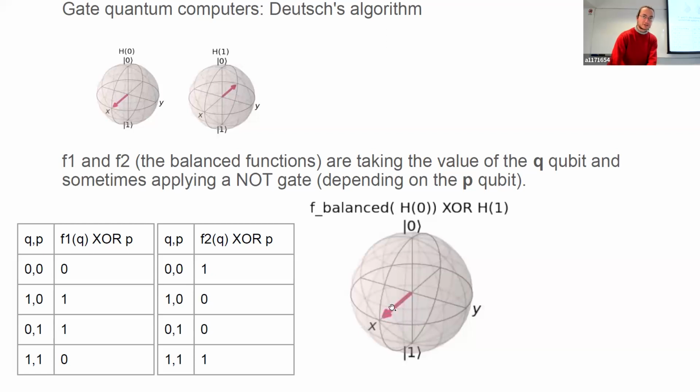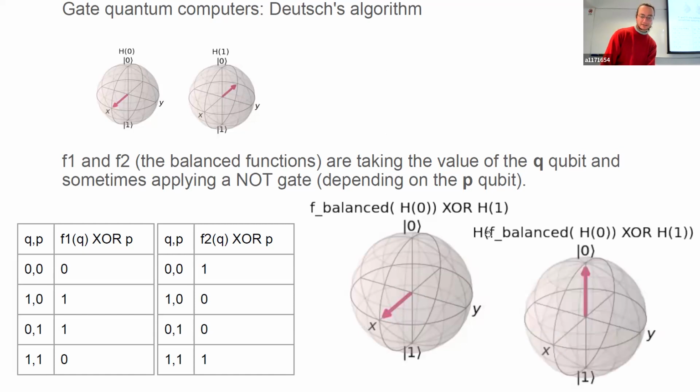But if we measure this, we will get a 50-50 probability of a 0 or a 1, so we are not going to get any information out. So we still need to do a Hadamard of this output, which brings it back into the vertical axis. And then when F is balanced, we are always going to get a 0 in the output.